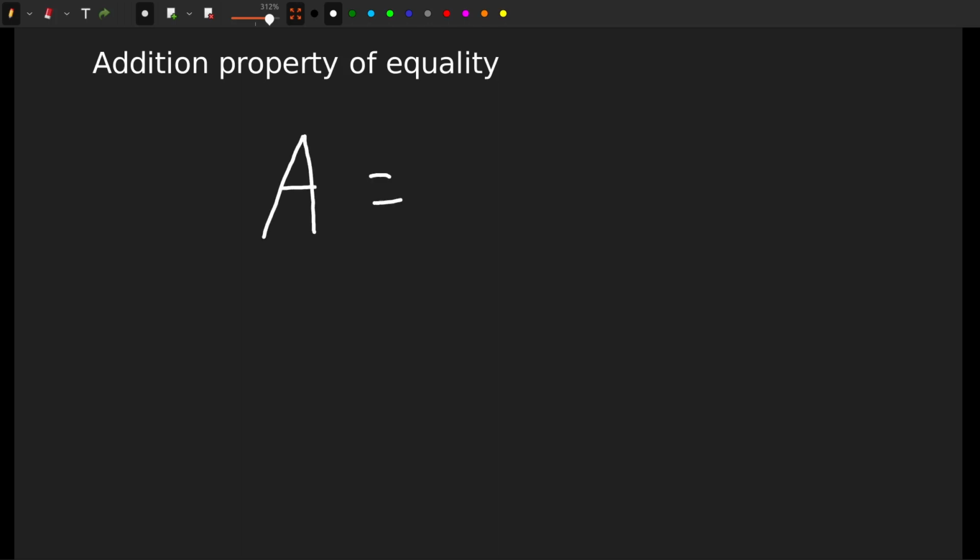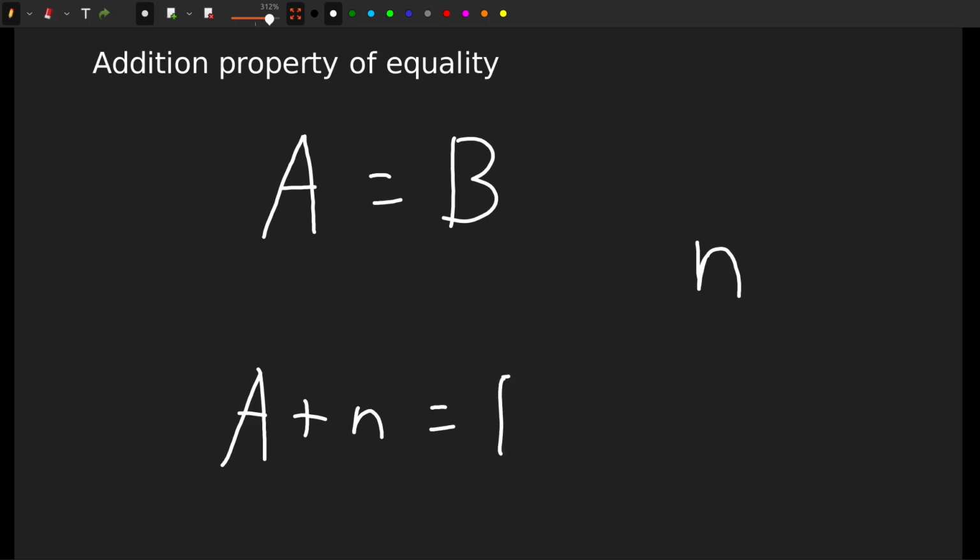The other one that we'll work with is the addition property of equality, which is very similar. Suppose I have two numbers, a is equal to b, and suppose I have a number n. I can let a plus n equal b plus n.